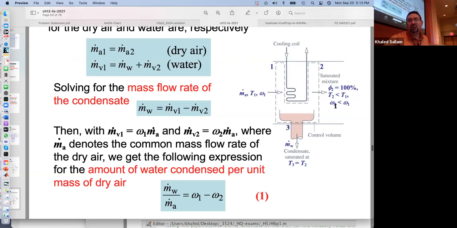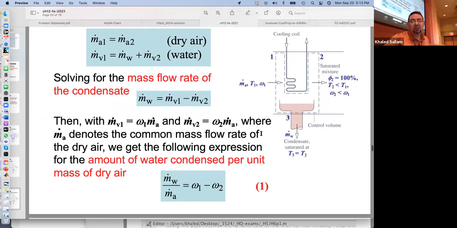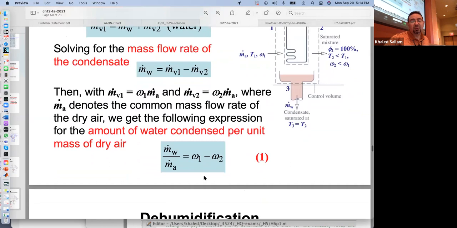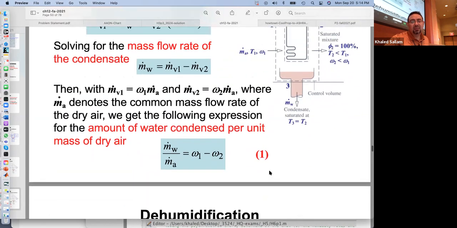Of course at the exit, because it's saturated, getting W2 is easy from the chart. And at the beginning, you just need T1 and Phi1 to get W1, right? Once you have those two W's, you can get m dot water. Make sense?